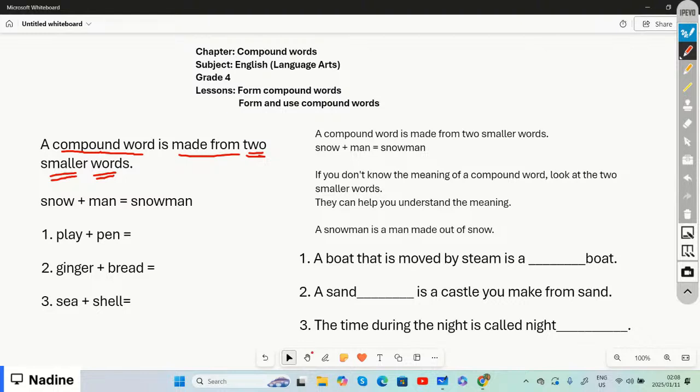And if we look at examples of compound words where we join these two words, that is why we say that compound words are made up of two smaller words.